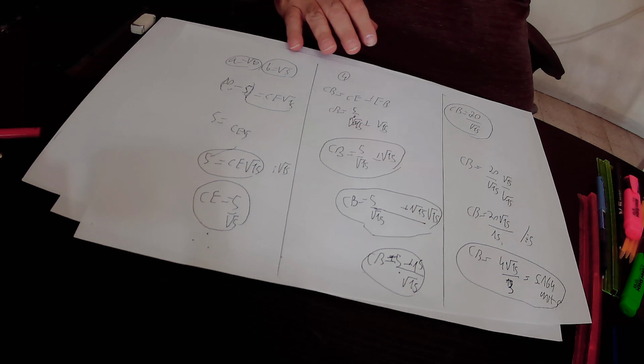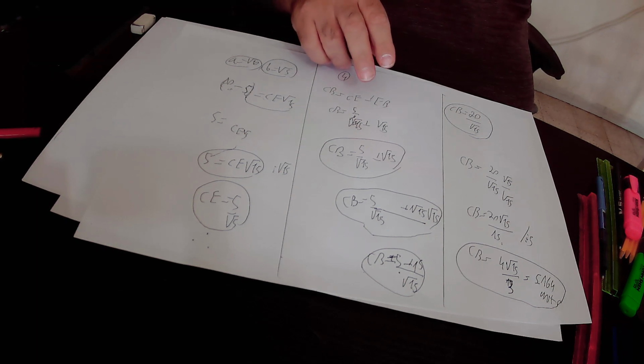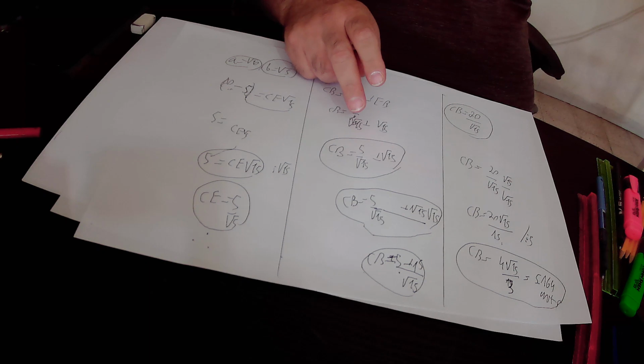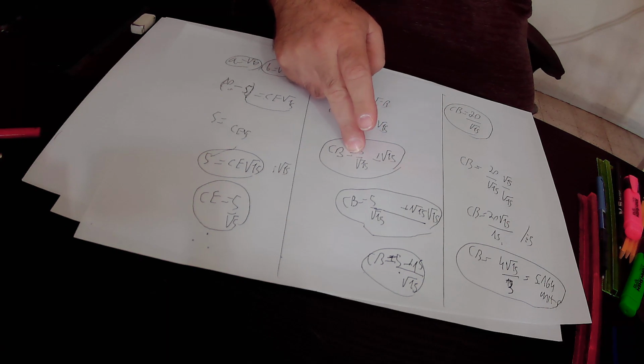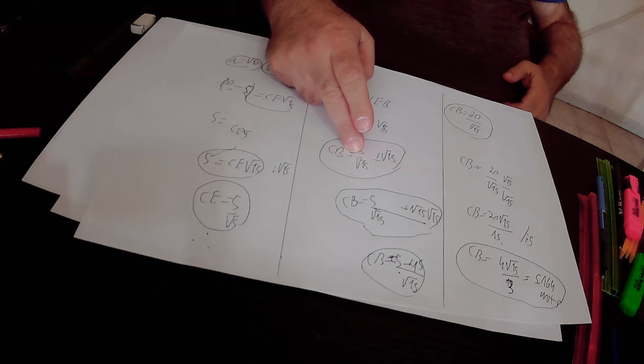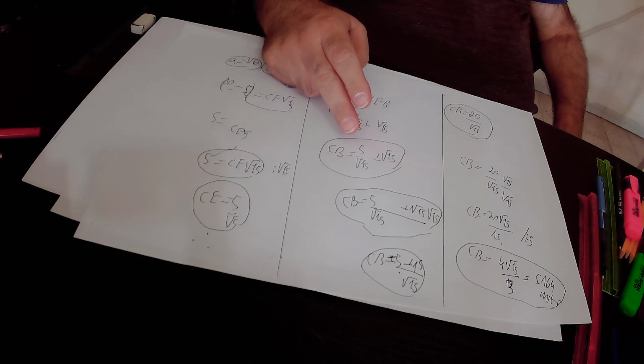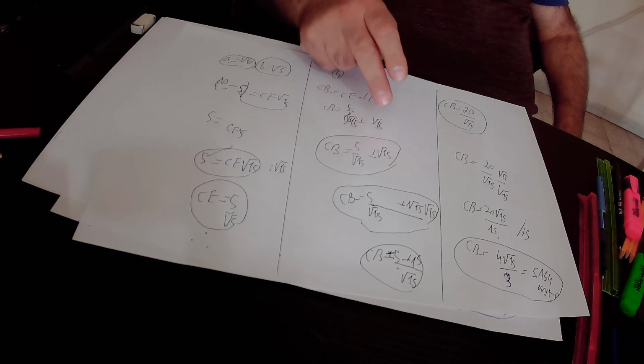Here we just simplified this expression because we don't want to have a square root in the denominator. In order to eliminate the square root of 15 in the denominator, we found the common factor of square root of 15 between the two expressions.